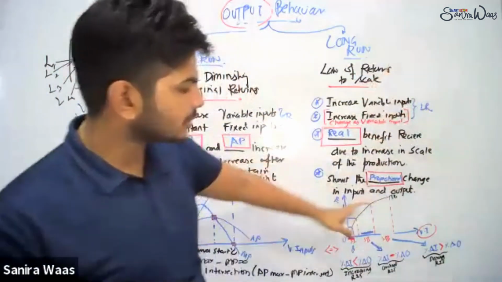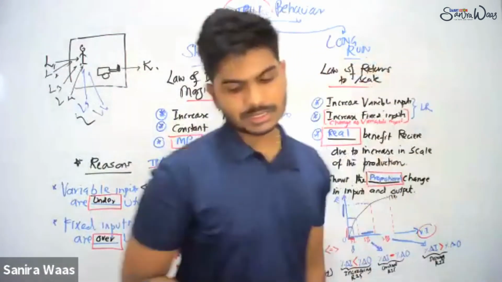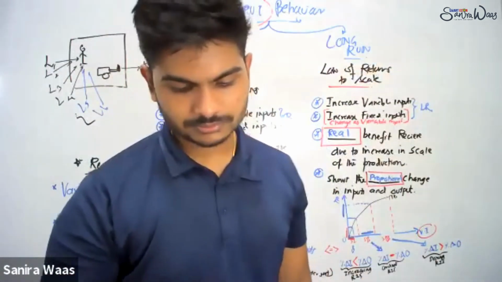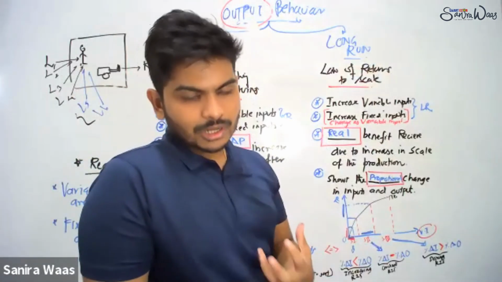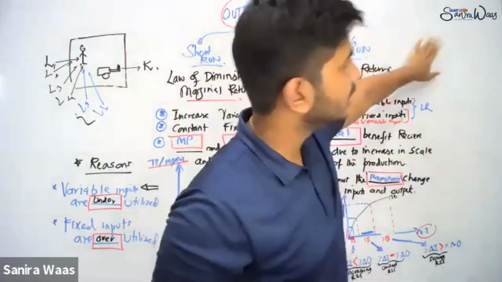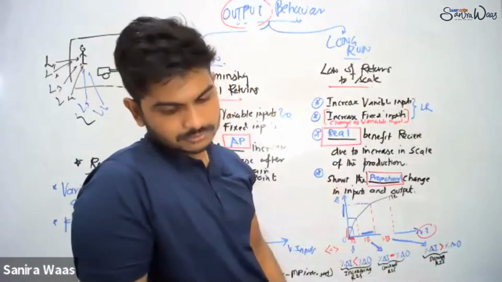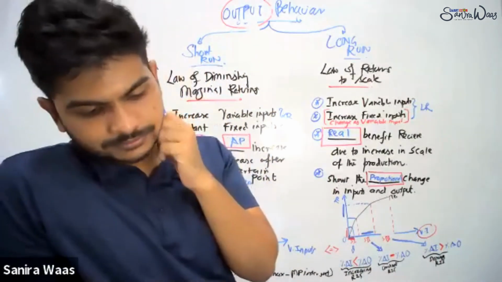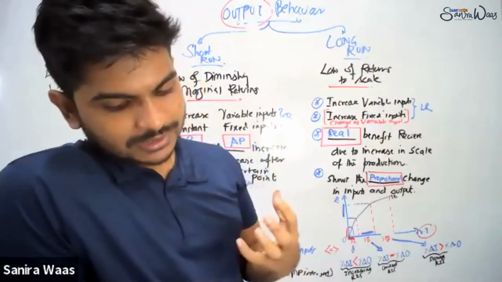Can you reflect the law of returns to scale in a cost curve? Can you reflect or not? Can you use the average total cost curve to reflect the law of returns to scale? I need a solid answer, whether it's yes or no.